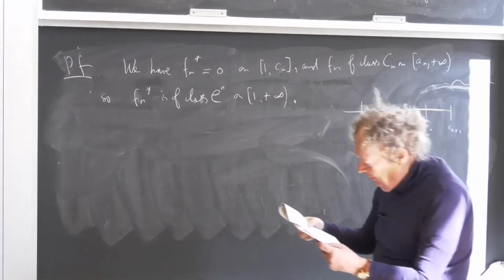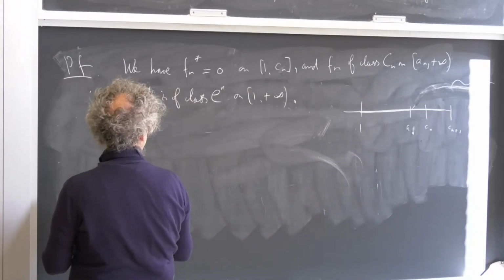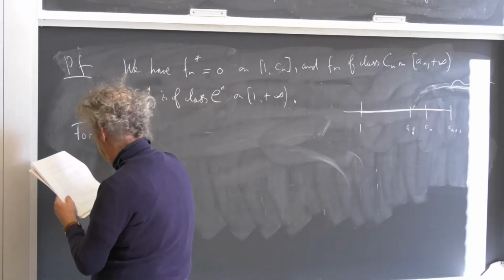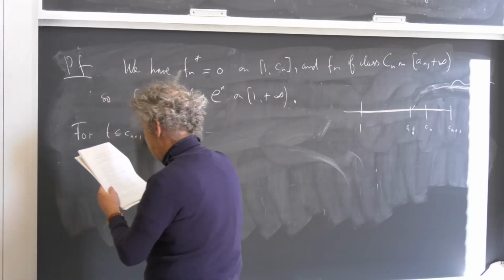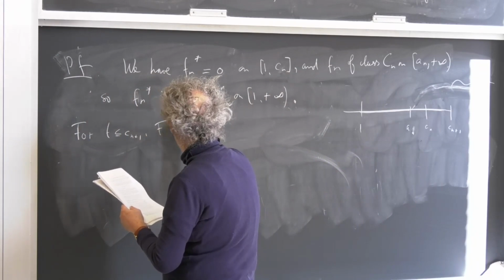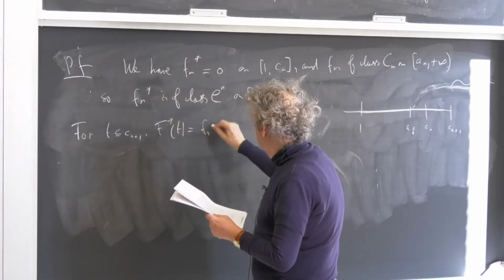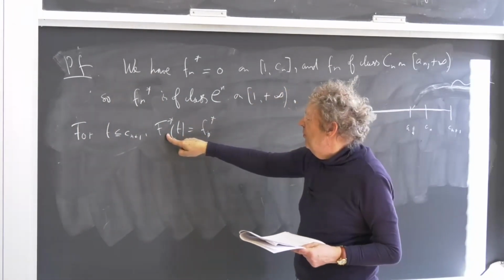Okay, for t less than or equal to Cn plus 1, what is f star t? It's f0 star t plus and so on. Of course, this is defined to be the infinite sum, right?